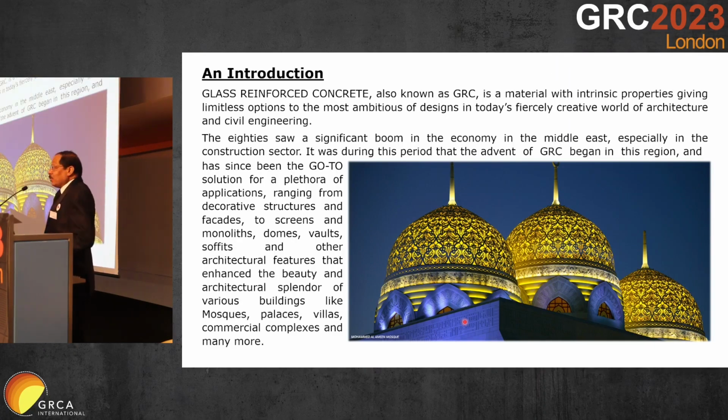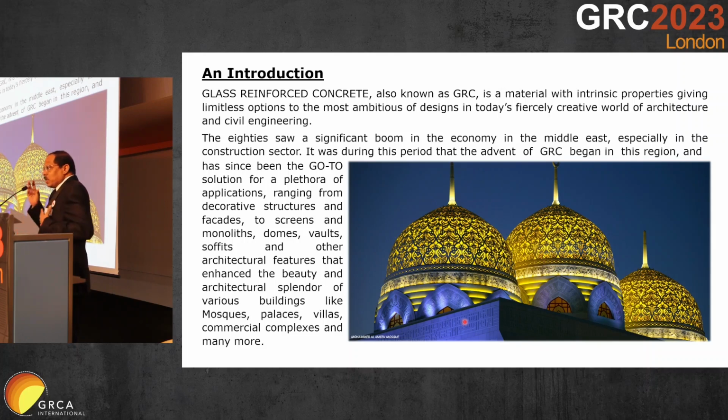This is one of the projects in the main city of Muscat, and you can see it from all over the place. This is an innovative application of GRC, which was done by putting a gold glass mosaic on the main concrete dome, and with the GRC about half a meter away from the main dome.